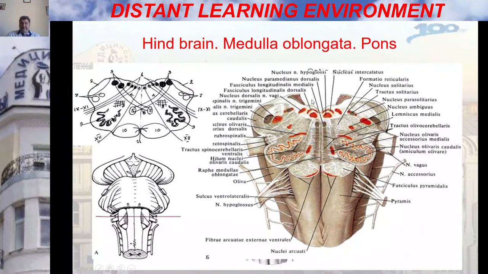So, at the inferior angle of the rhomboid fossa, both funiculi acquire the elevations known as the tuberculum nuclei gracilis and tuberculum nuclei cuneati. You may see in the schematic drawing here. These elevations are formed by gray matter nuclei, called the gracile nucleus and cuneate nucleus.